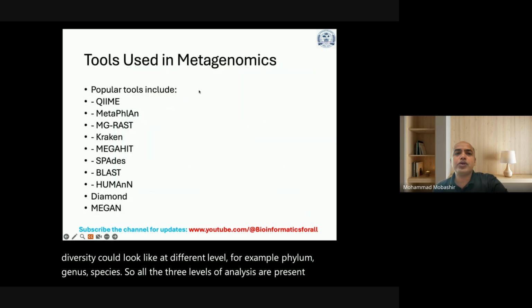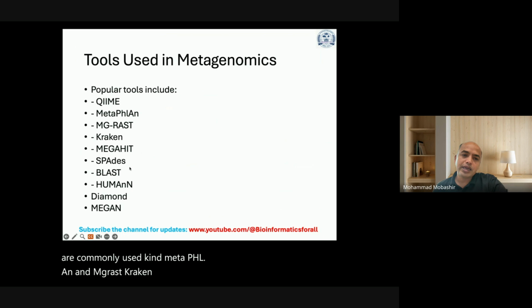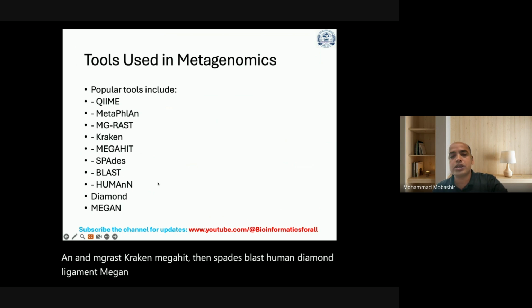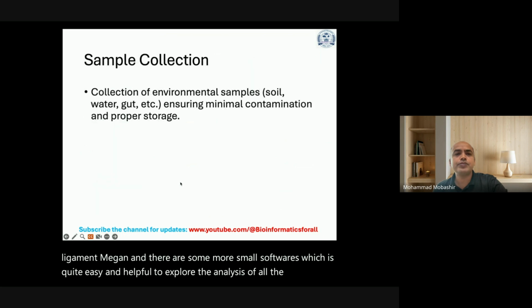And finally, you can summarize the tools commonly used in metagenomics: QIIME, MetaPhlAn, MG-RAST, Kraken, MEGAHIT, then SPAdes, BLAST, HUMAnN, Diamond, Megan. And there are some more small software packages which are quite easy and helpful to explore the analysis of all the metagenomics samples.